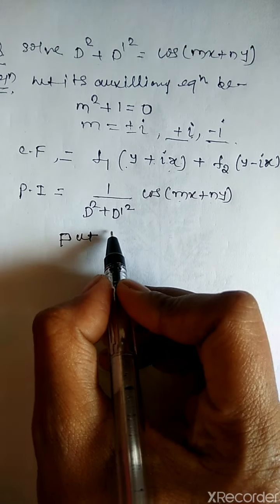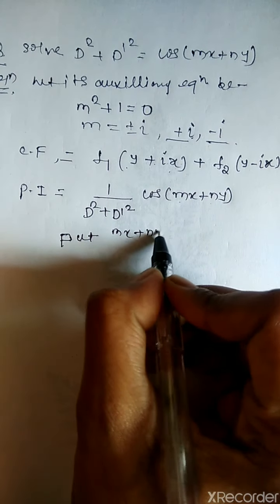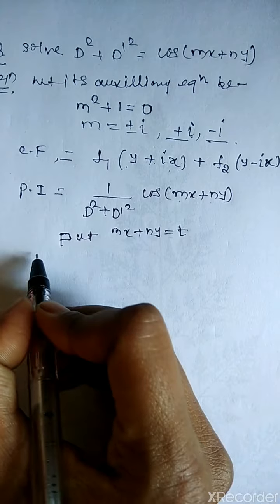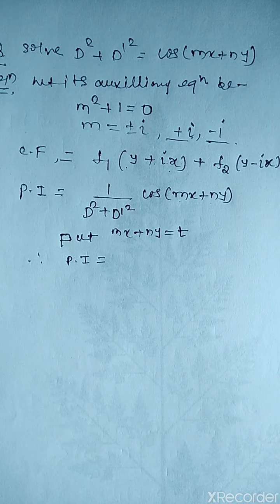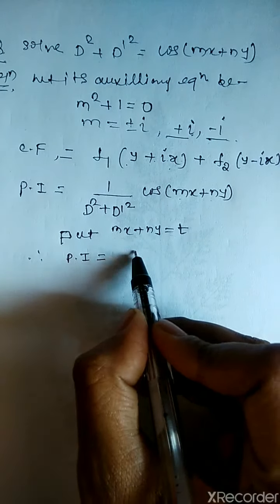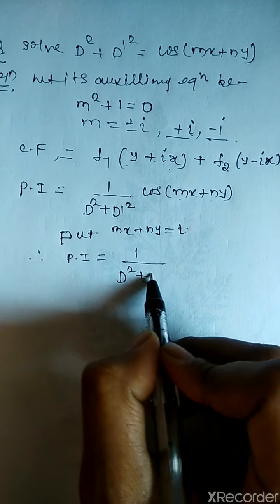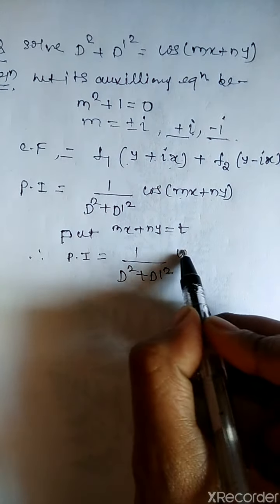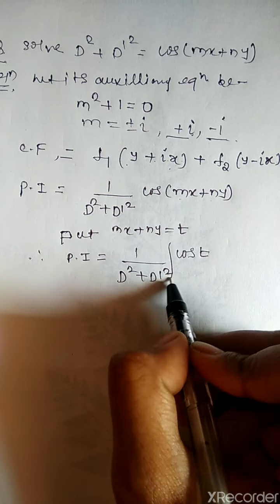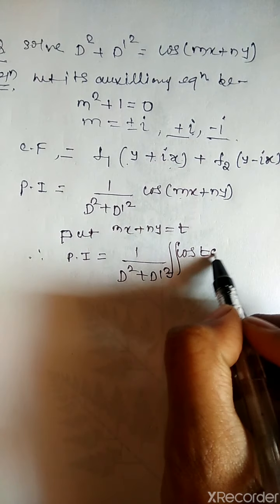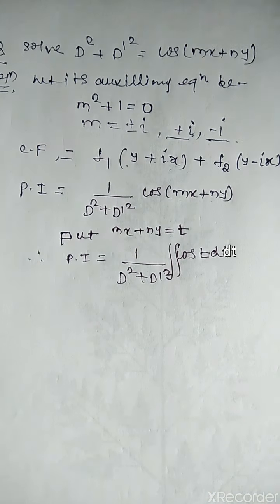So now here we put mx + ny = t. Therefore PI equals 1 by (D² + D'²) into cos t. And what we have to put? We have to put here double integration with respect to t.